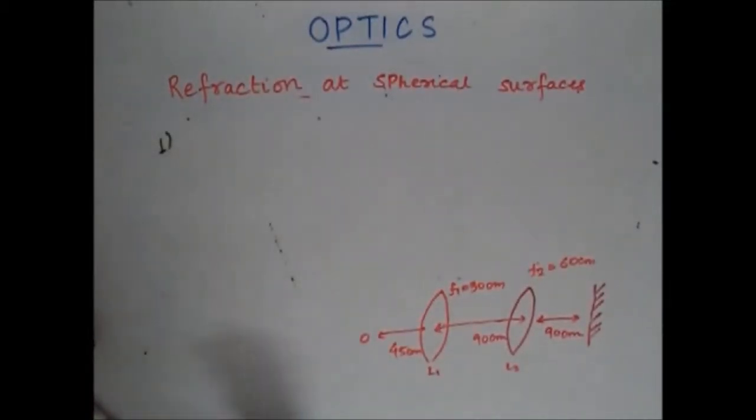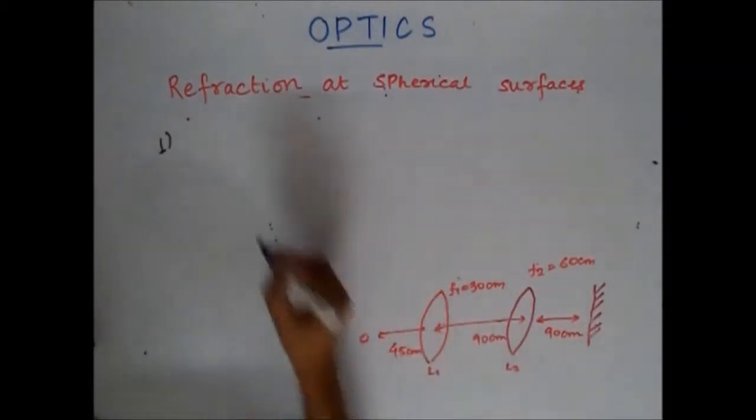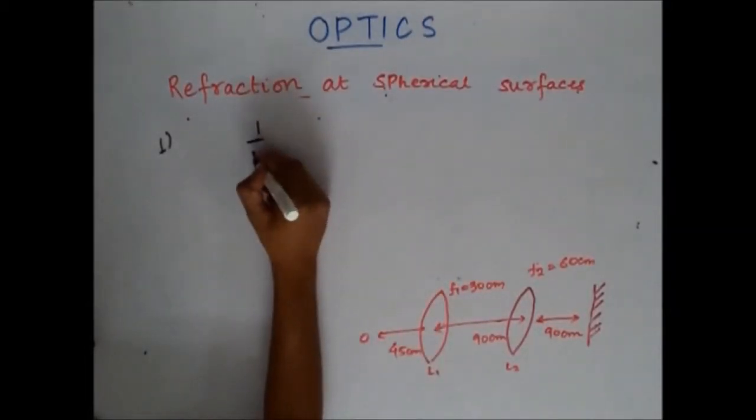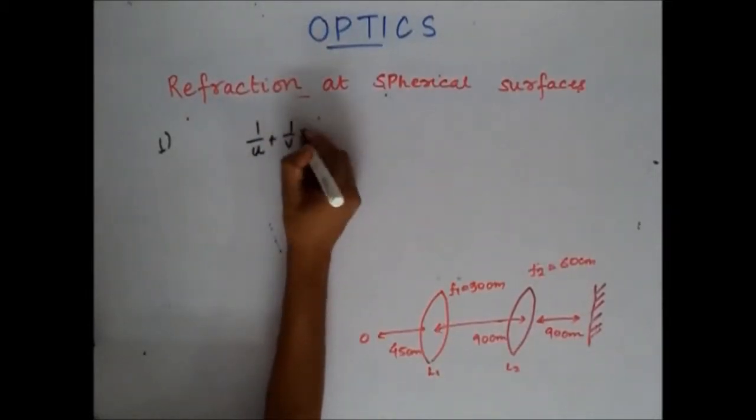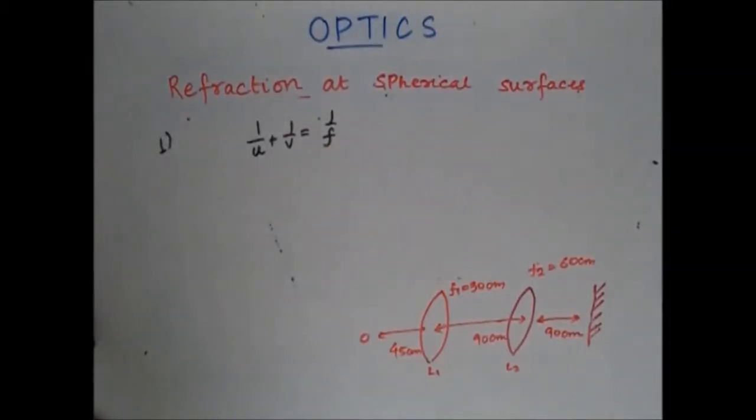Now in this case, if you look carefully, let's take the first refraction with this lens. You have 1 by u plus 1 by v is equal to 1 by f, which is the focal length of the lens.